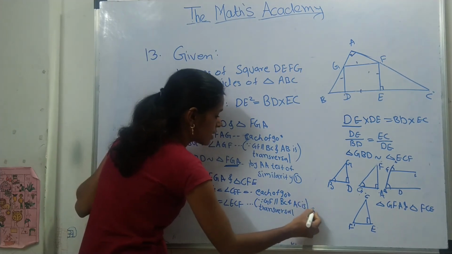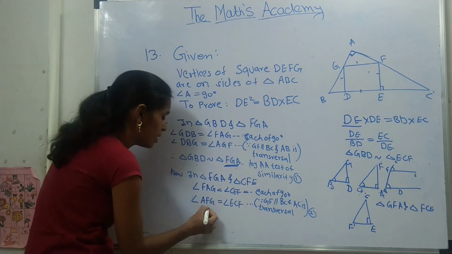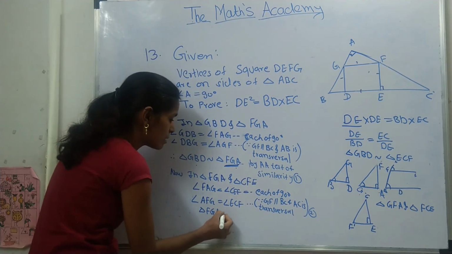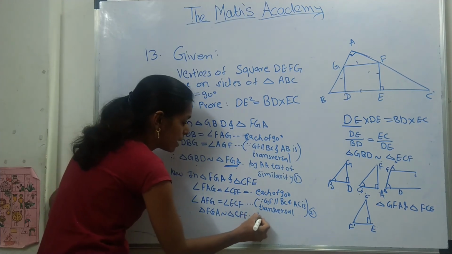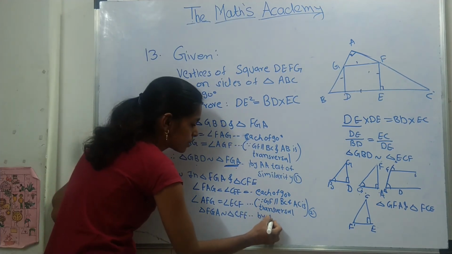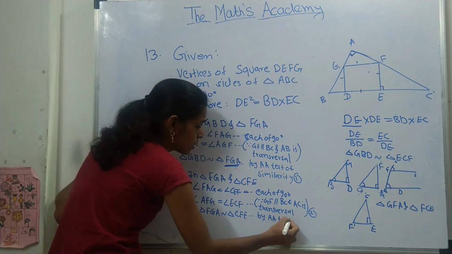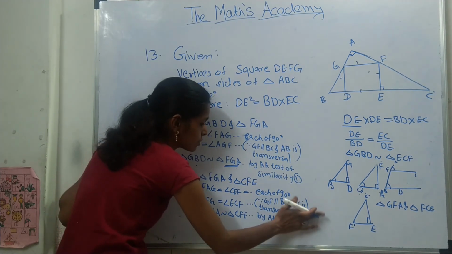This is the second result that we have obtained. Now triangle FGA is similar to triangle CFE by a test of similarity, and this is the second result.